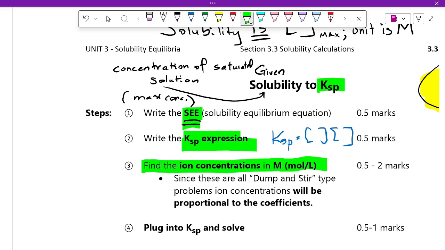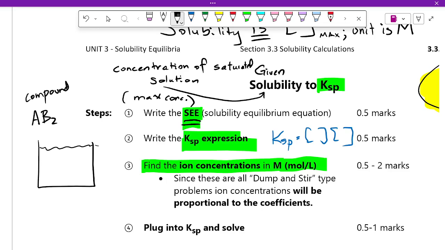Basically what it means is if I take compound AB2 and I dump it into water, what's the ratio of ions? So I dump it in and then I stir it.